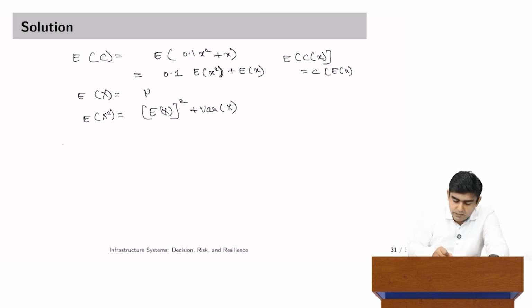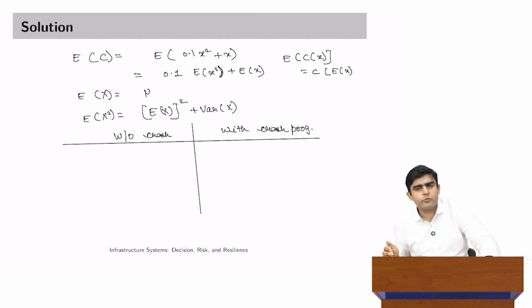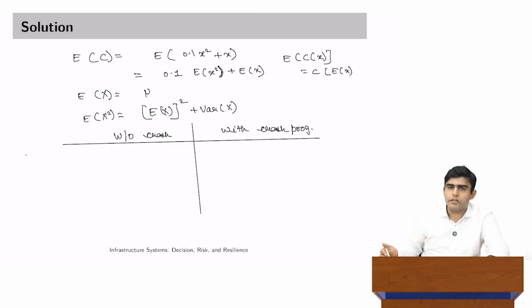So, now we can again look into the numbers of mean and standard deviation and put them into some better sense, that when we do not have crash program, that is without crash program, and we have with crash program here, right. Crash program simply means more resources in this particular context.